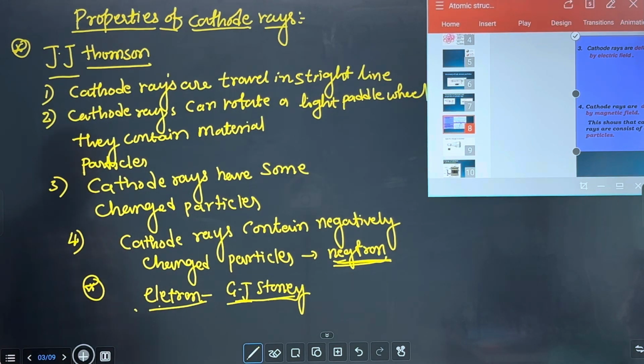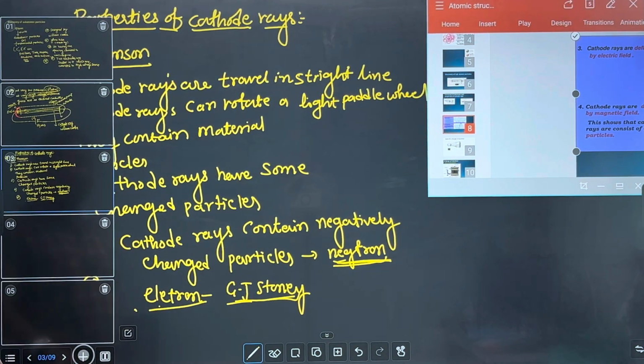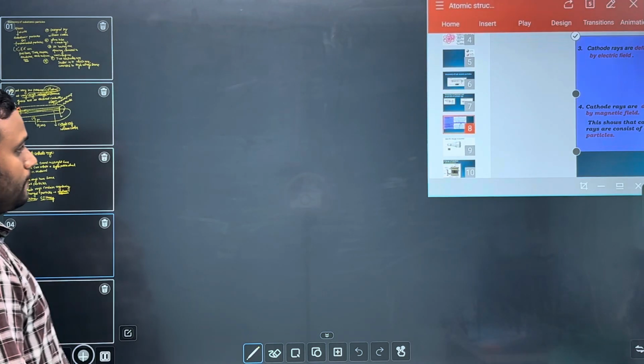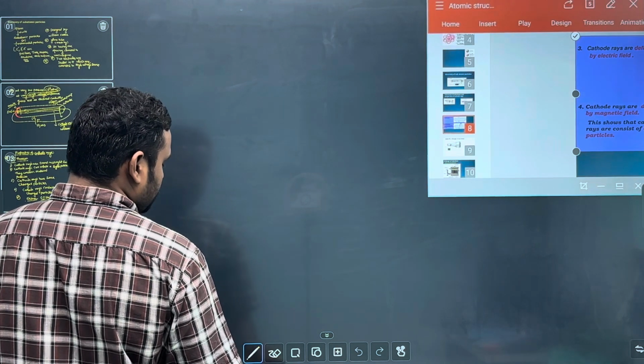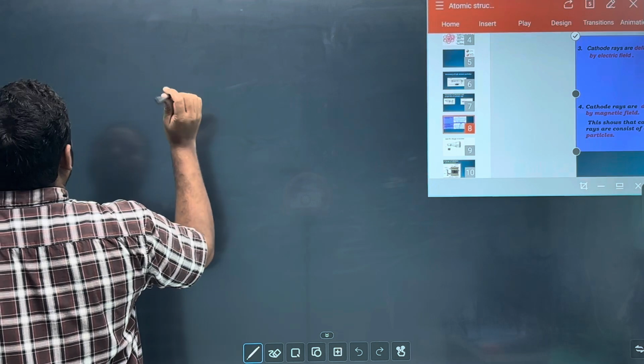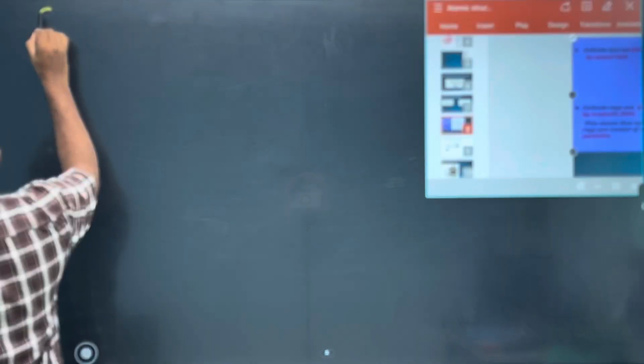Next, let us see the charge to mass ratio, the specific charge of electrons.